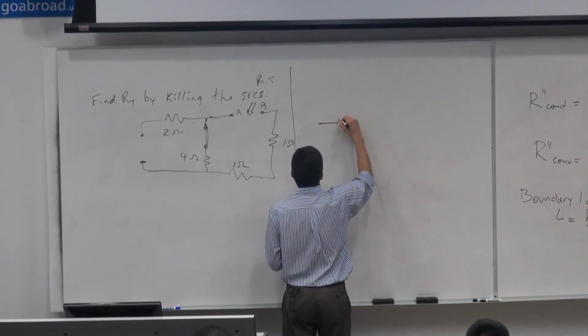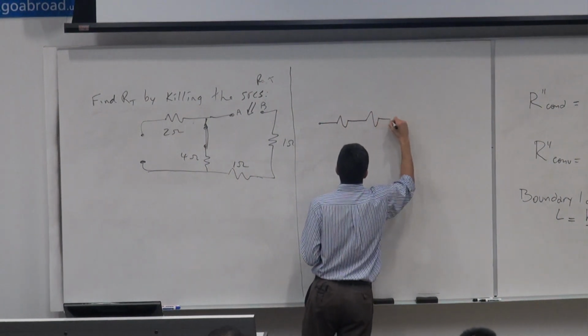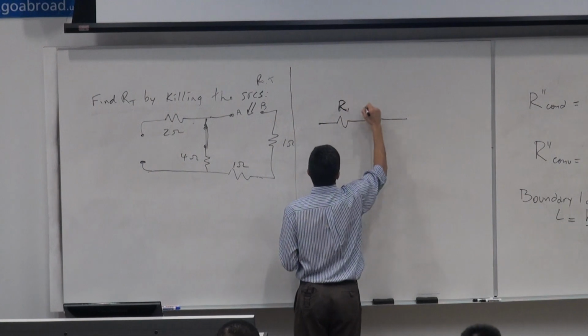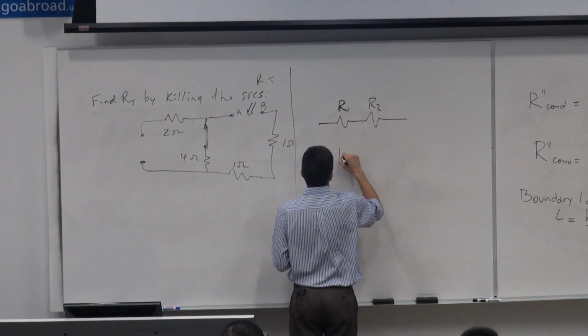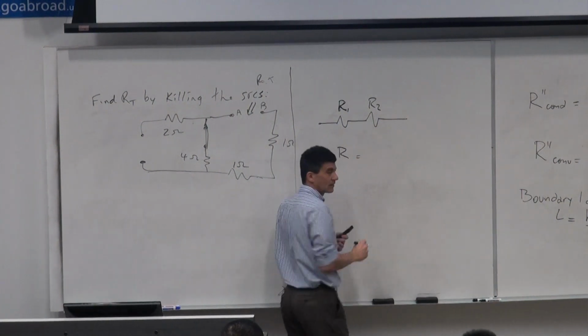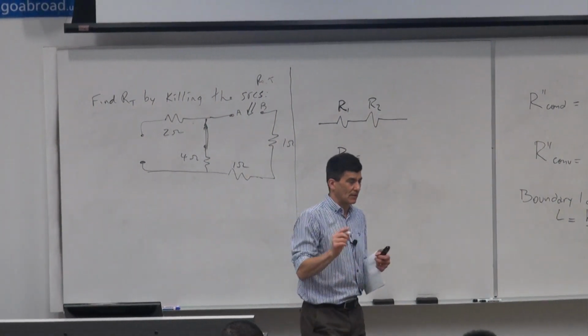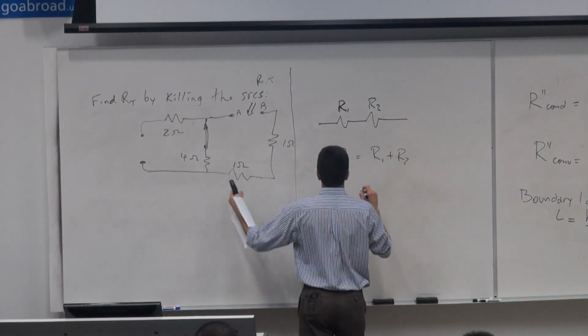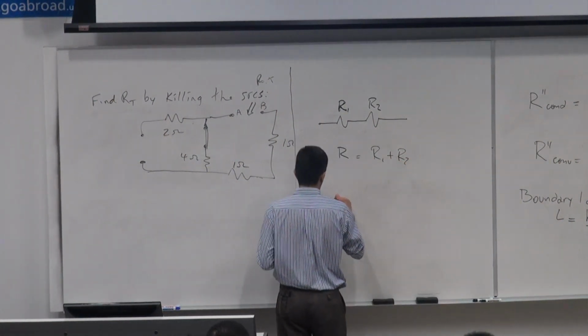So imagine we have two resistors in series, R1 and R2. What is the total resistance in this case? R1 plus R2. Okay. This is undeniable. You went through this.